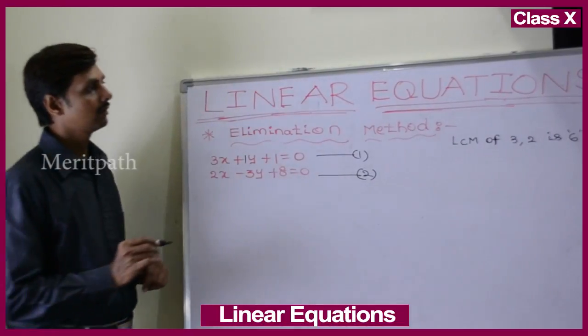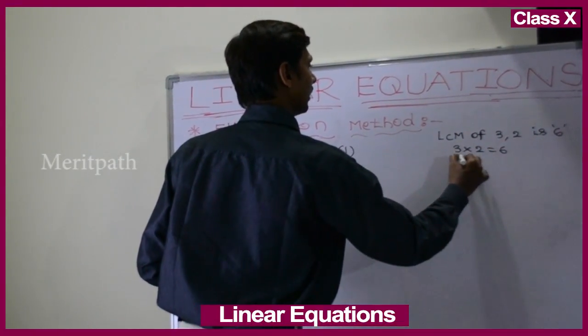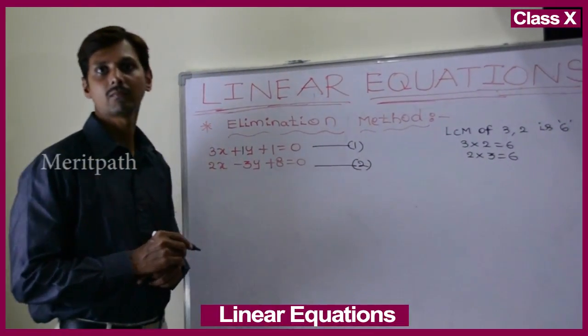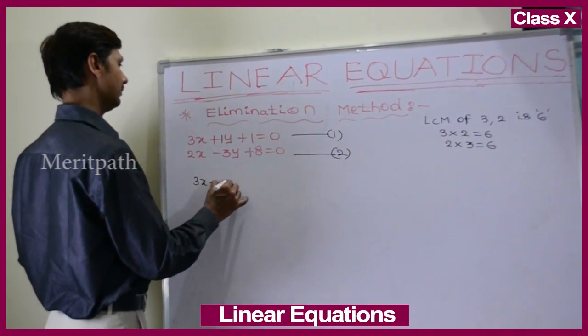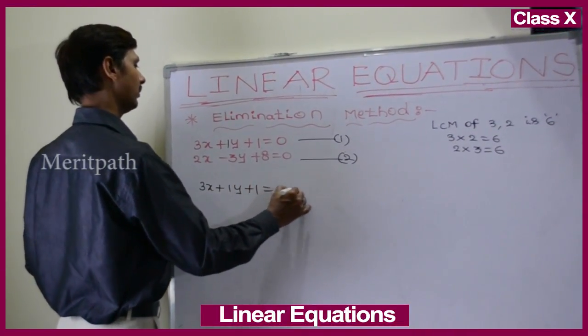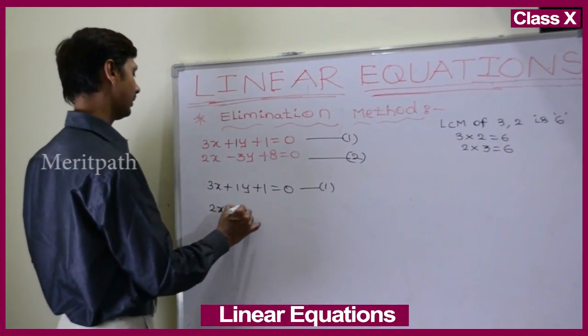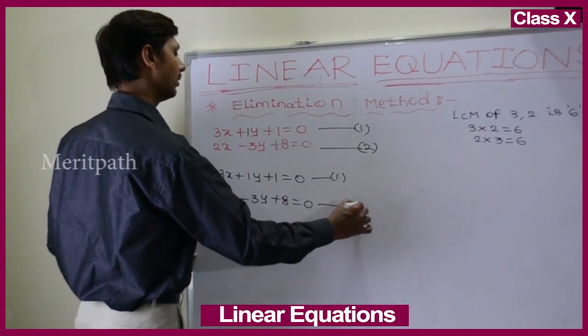So 3 into 2 is 6 and 2 into 3 is also 6. First, 3x + 1y + 1 = 0, the first equation, and then 2x - 3y + 8 = 0, that is the second equation.